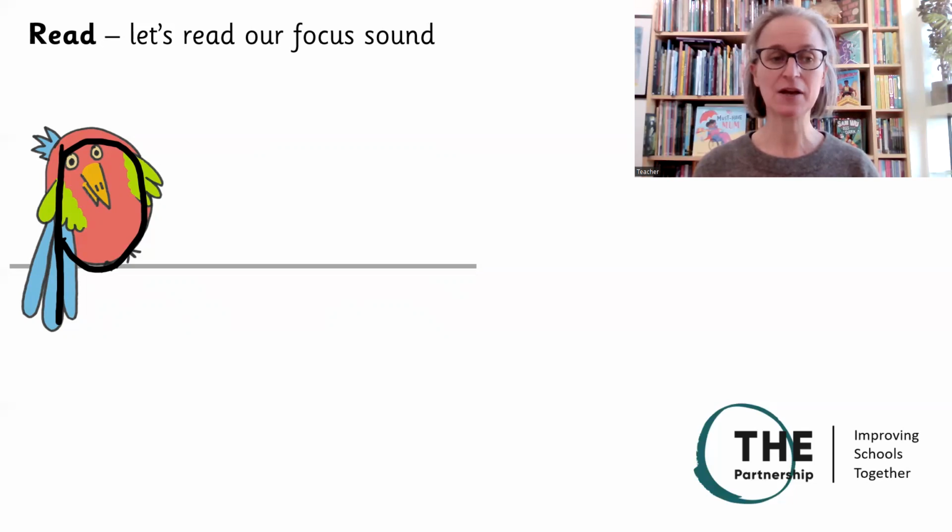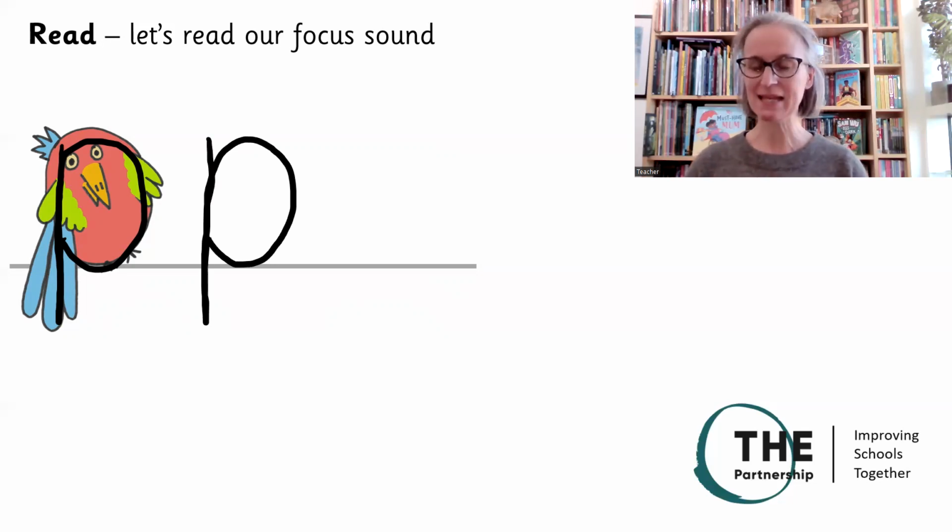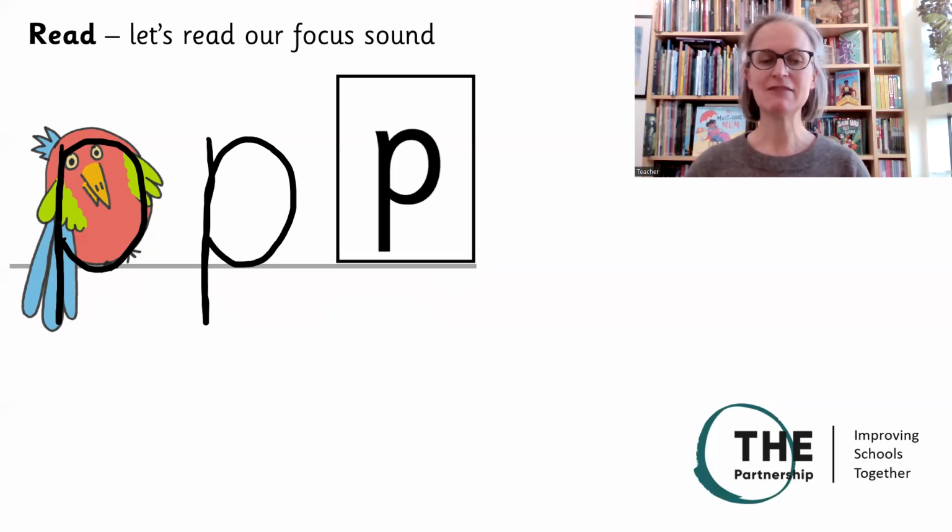Starting at the parrot's hair, going down its tail, back up all the way around its body. And we've written the letter P, and it makes the sound P. What sound? What sound? Brilliant. P. And here it is written on a card. P. Can you read that?